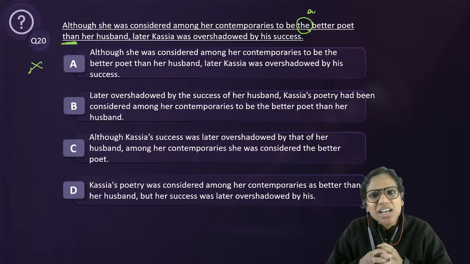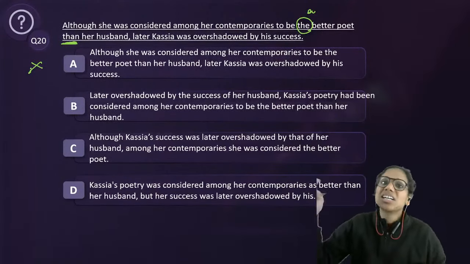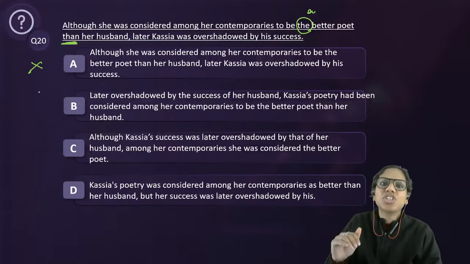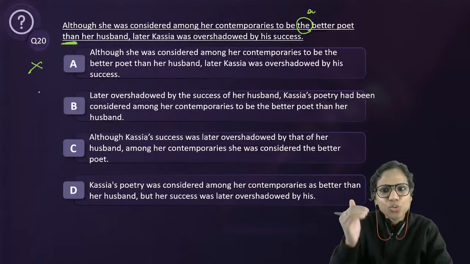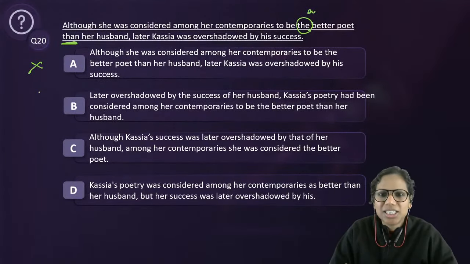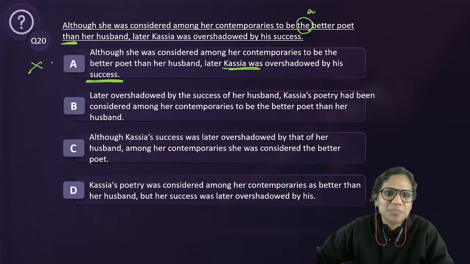Later, Cassia was overshadowed by his success. Can a person be overshadowed by another person's success? See, your success can be overshadowed by someone else's success, but you yourself, can you be overshadowed by someone's success? Unlikely. So here the comparison itself is flawed.